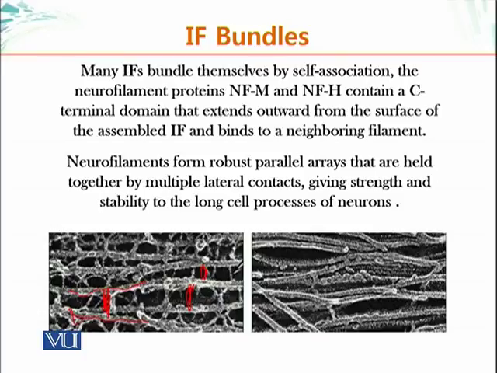Filaggrin is another protein that bundles keratin filaments in differentiating cells of the epidermis to give the outermost layer of the skin their special toughness. Filaggrin deficiency has also been linked to a more severe form of eczema, and also because of that, it persists into adult life. Here I would like to show you a photograph of two mice.